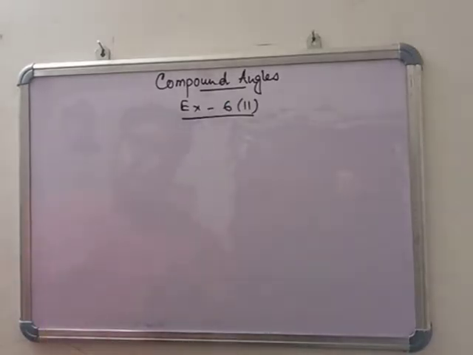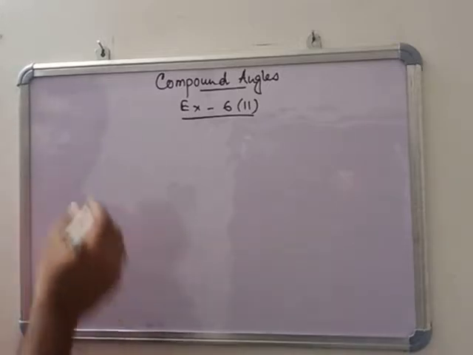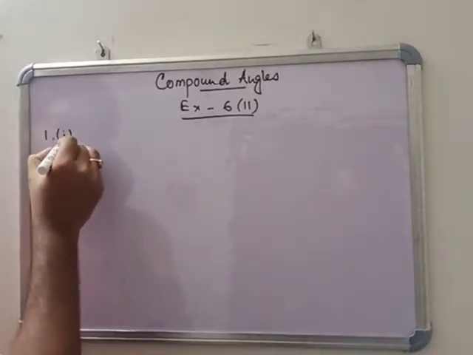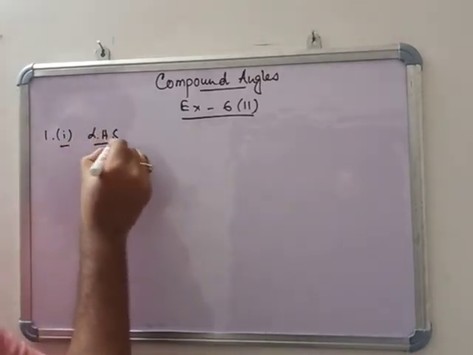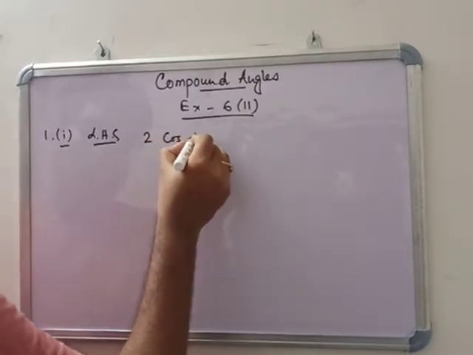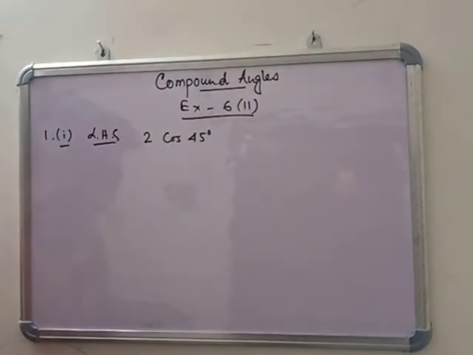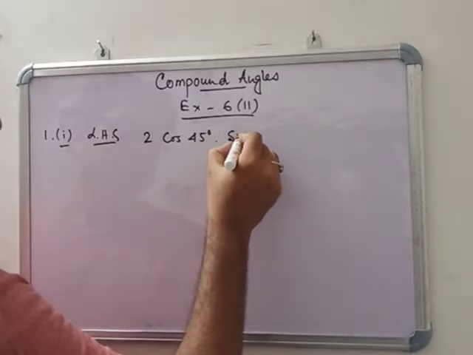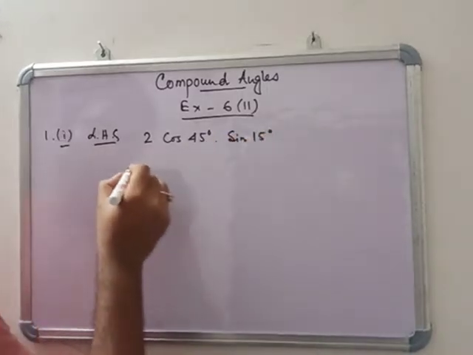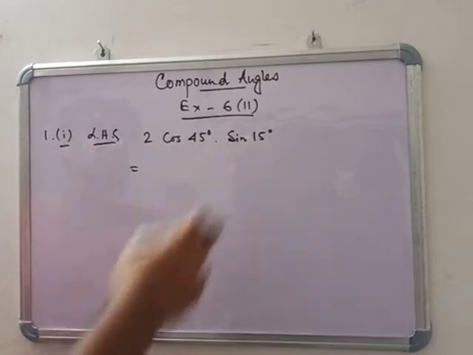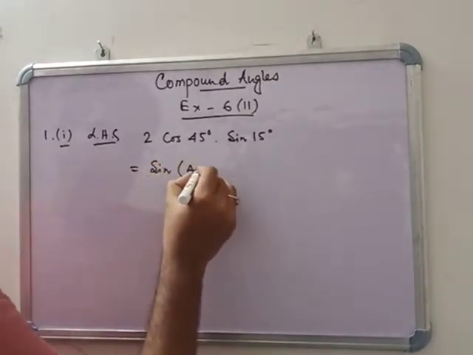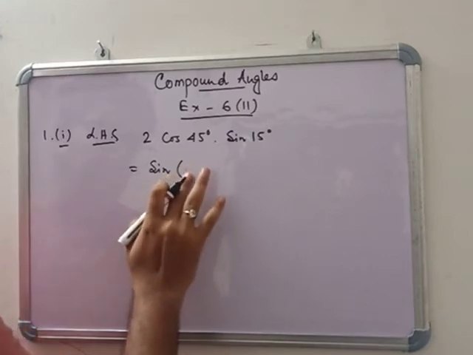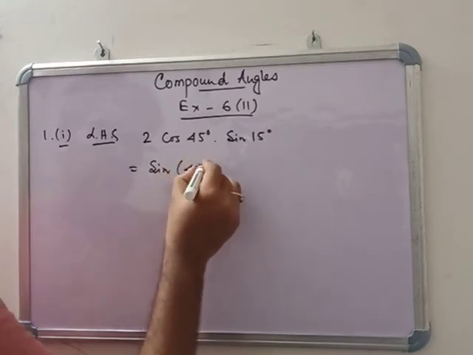So now exercise 6, 2, 1, question 1. See that the LHS is given as 2 cos 45 degree into sine 15 degree. So 2 cos A sine B means sine of A plus B minus sine of A minus B. Here A is 45 degree, so I am putting the value over there.